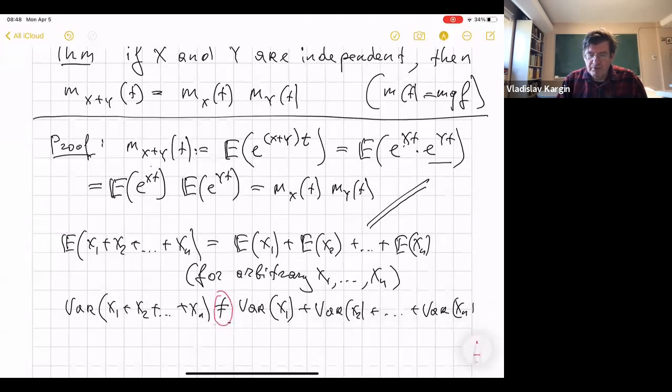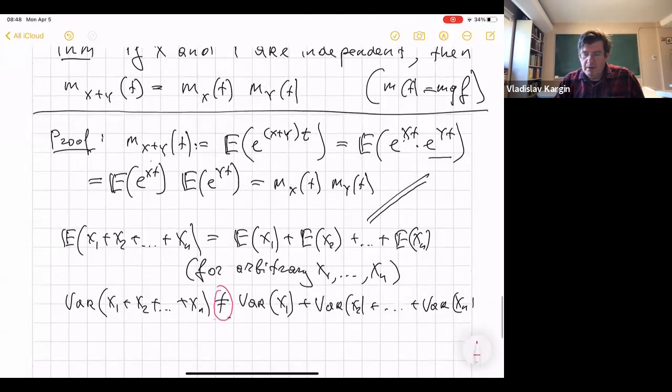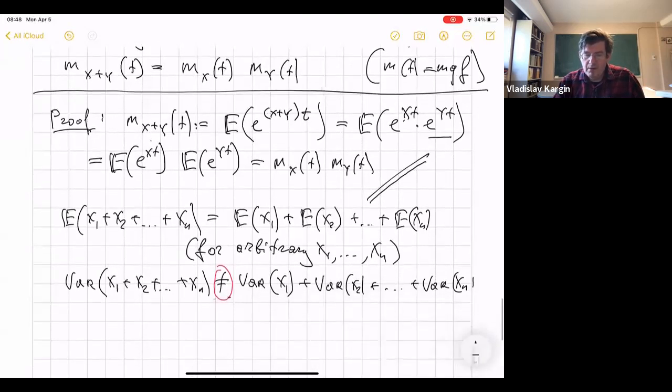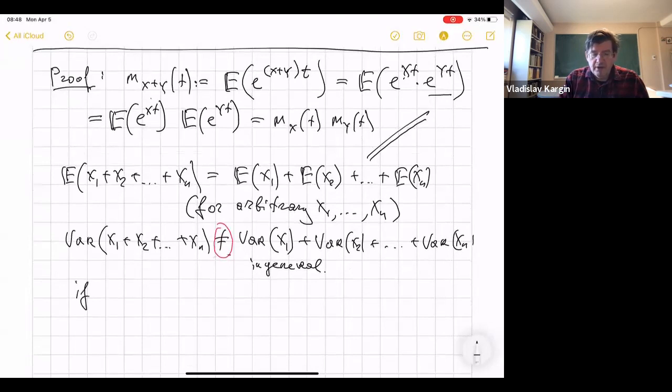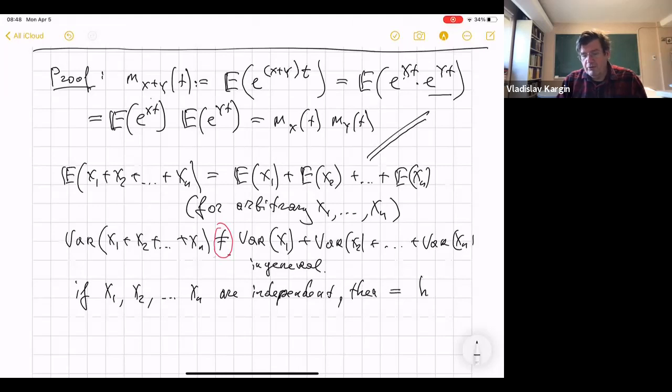But if x1, x2, ..., xn are independent, then the equality holds.